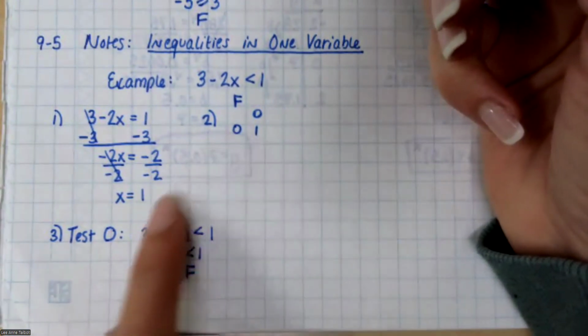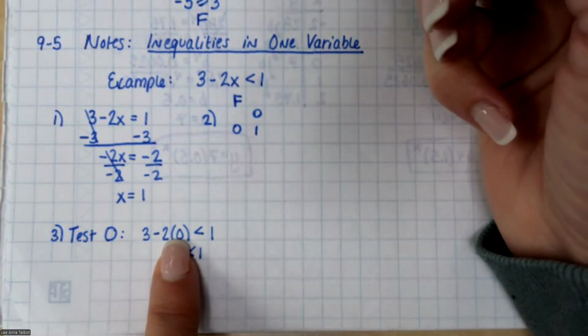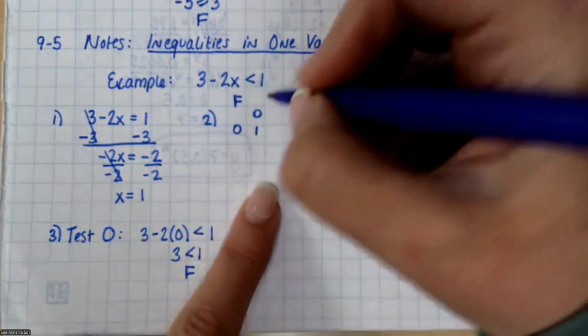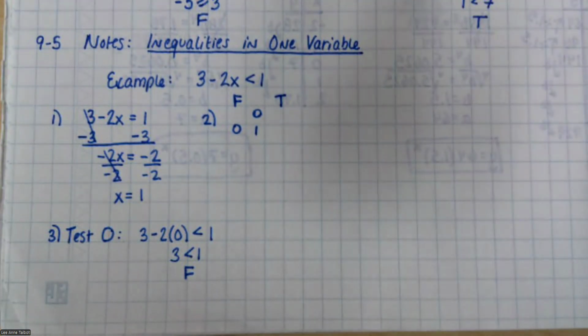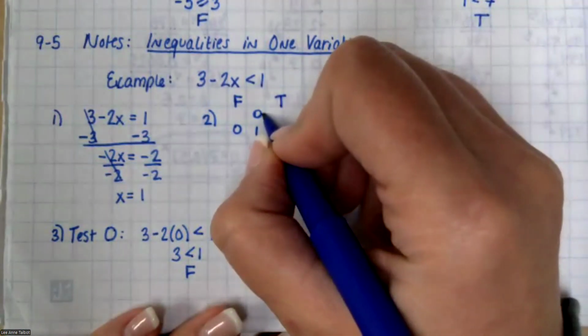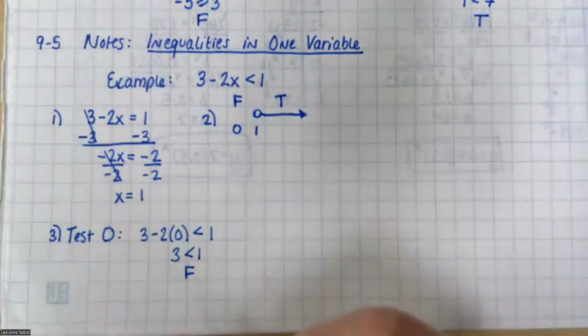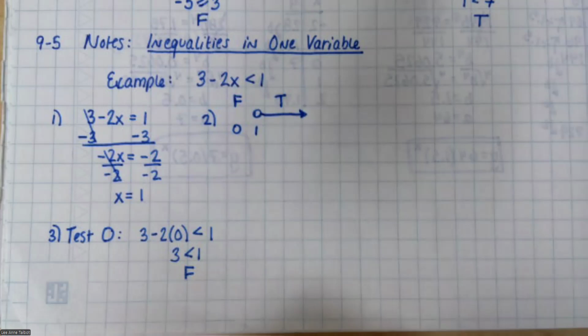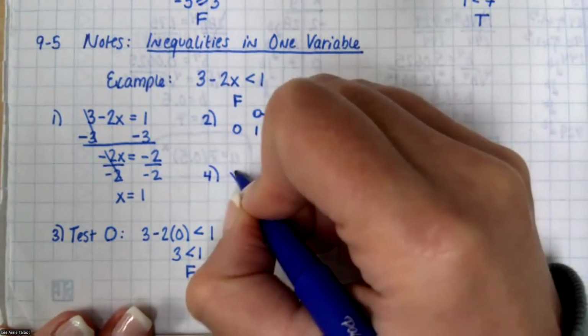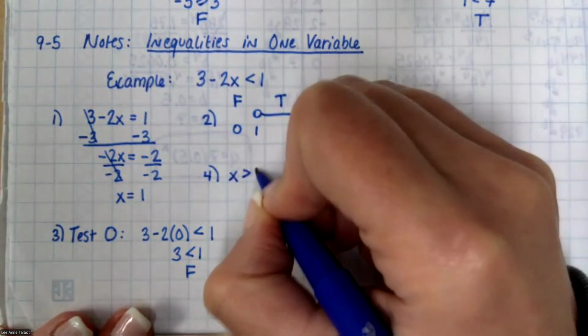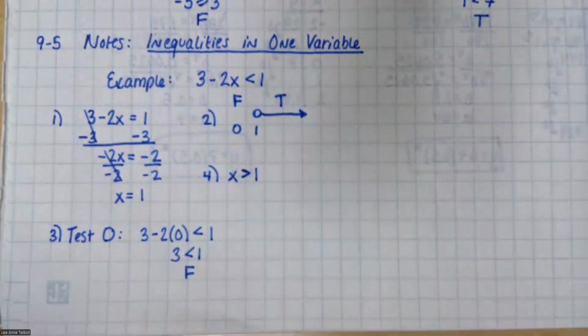I put a false on the 0 side because I plugged in 0 and it's false there. That means the other side has to be where the answers are, the true side. So I want to make my arrow go to where the answers are. Last step, final answer, x is greater than 1.